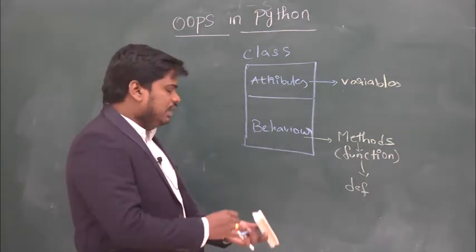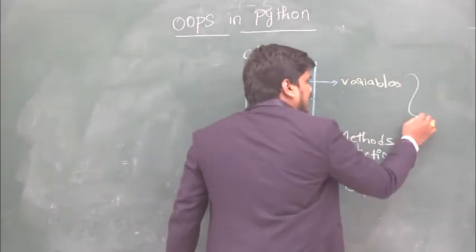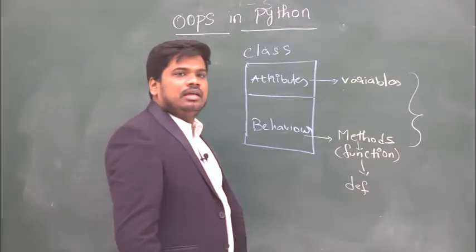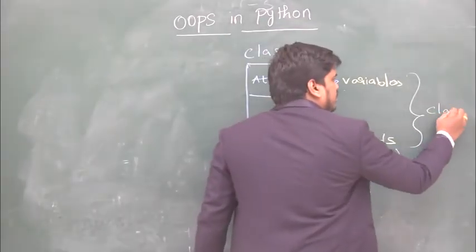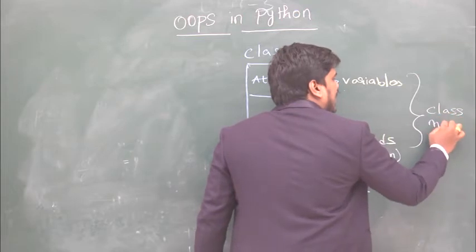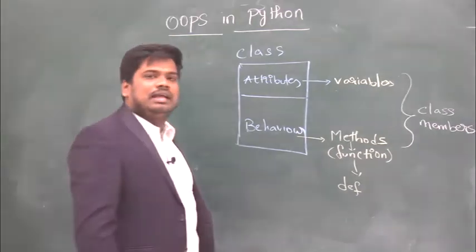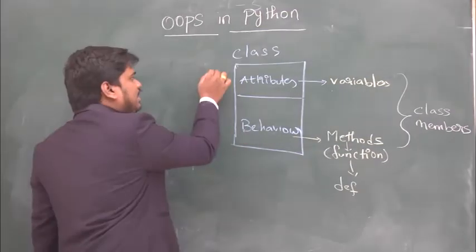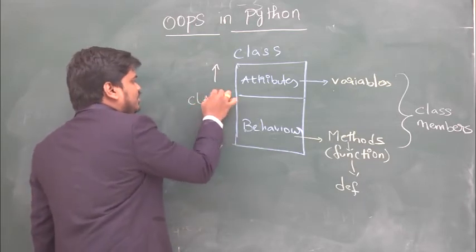Another important point you have to remember here is that the combination of attributes and methods is known as class members. These are known as my class members, and this entire thing is known as my class.